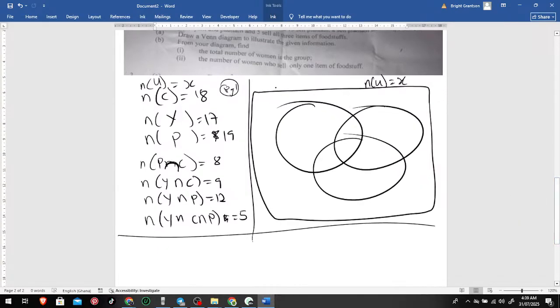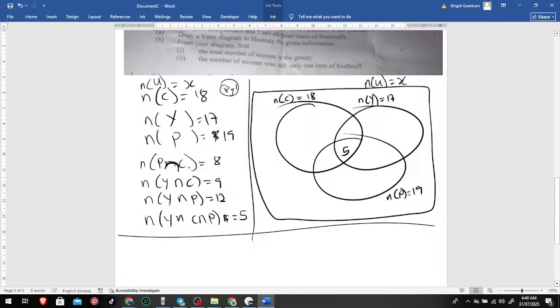So let's start with the C. Please write number of C, otherwise you get some errors. The number of a set means its cardinality. So number of Y is 17. Number of P is 19. Number of all the 3 is 5.